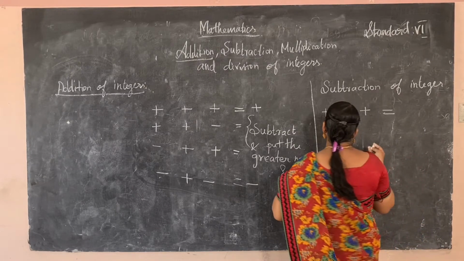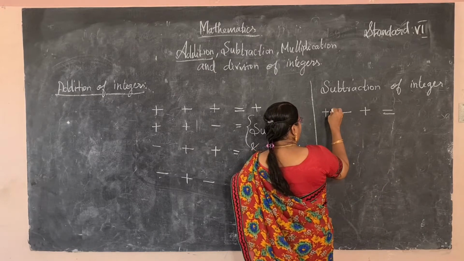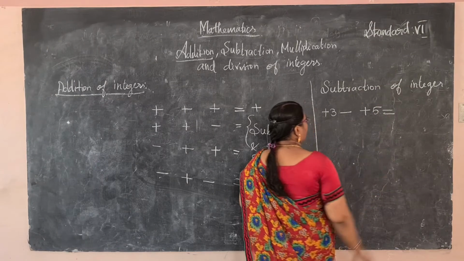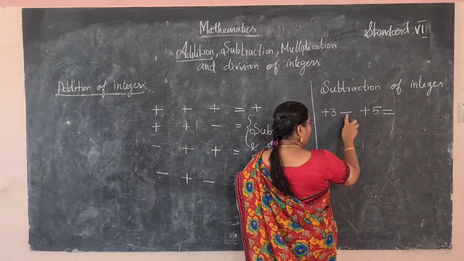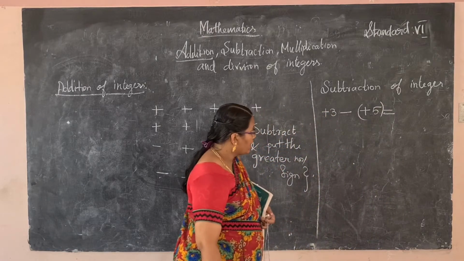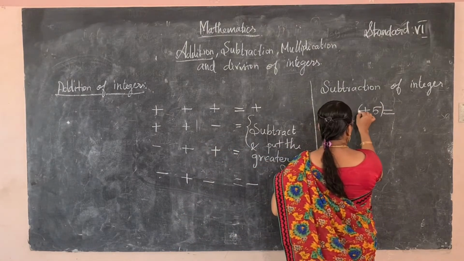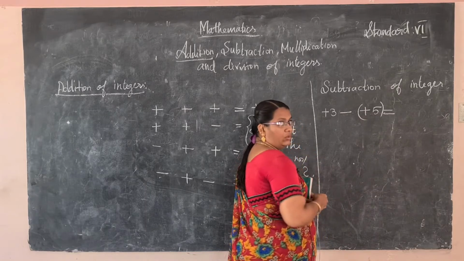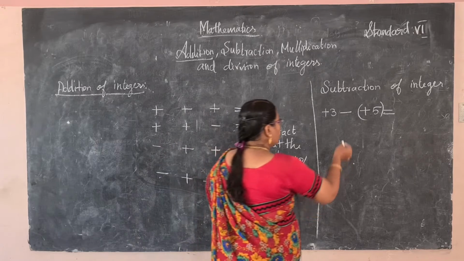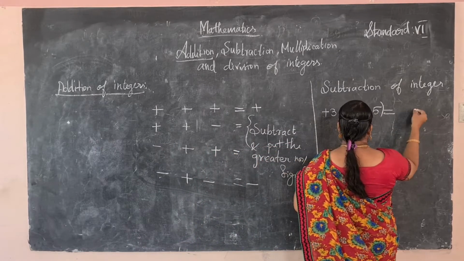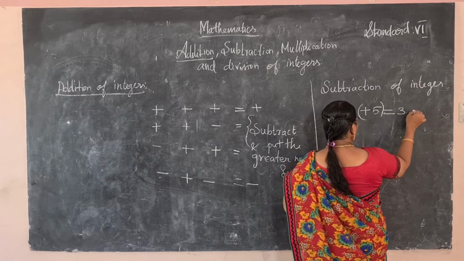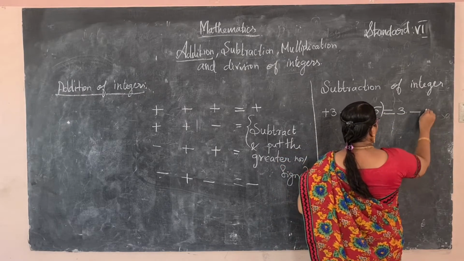See, this is one example: plus 3 plus 5. Here minus, here plus sign. In this case we consider the product rule, which you will learn next. So minus into plus is minus. So plus 3 minus 5.